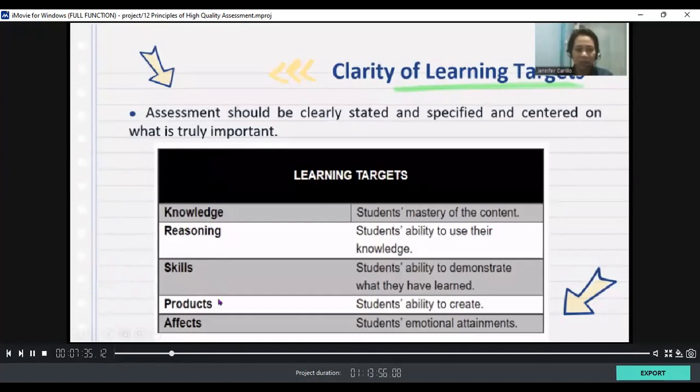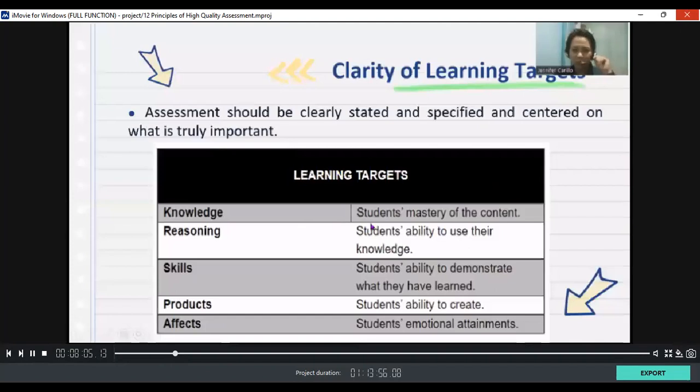While skills, performances, and products are captured in the psychomotor domain. So it will use the mental and physical abilities of the students. Affects, this is captured in the affective domain of the students, their ability to use their social and emotional characteristics.